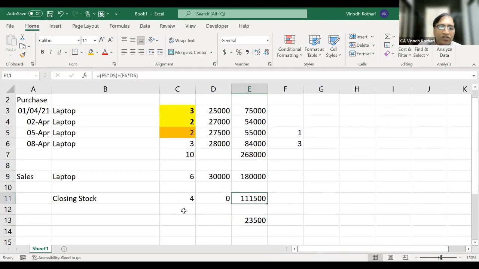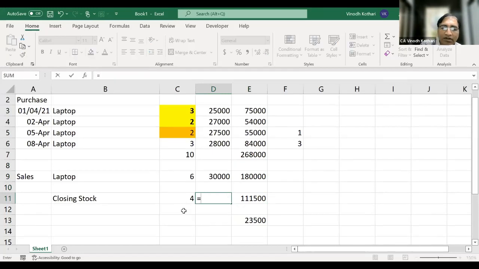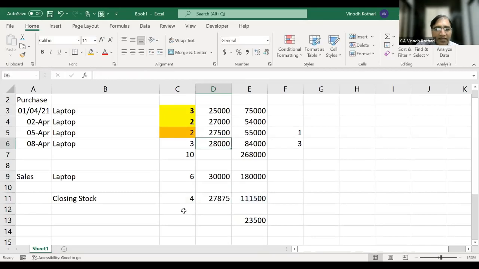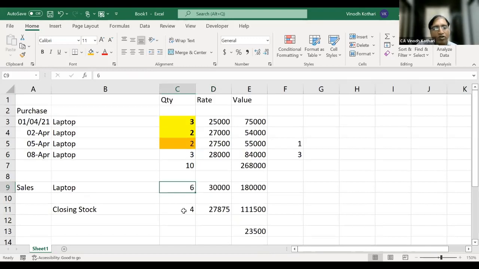At the end of the month, what is the closing stock I am having? Total purchase is 10. Sales is 6. 10 minus 6, 4 is my closing stock in hand.